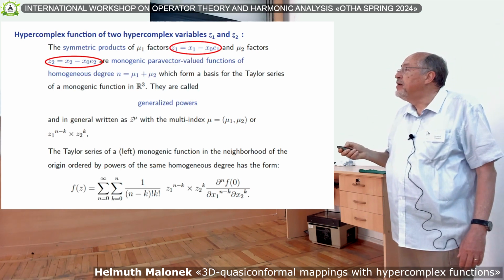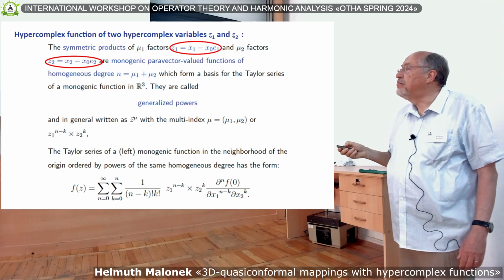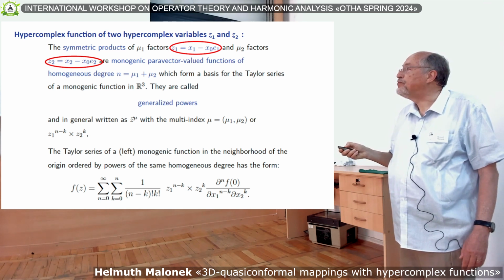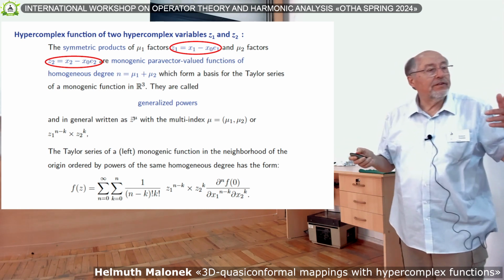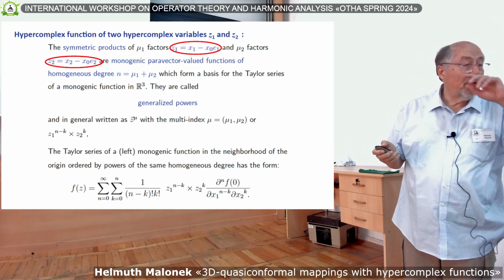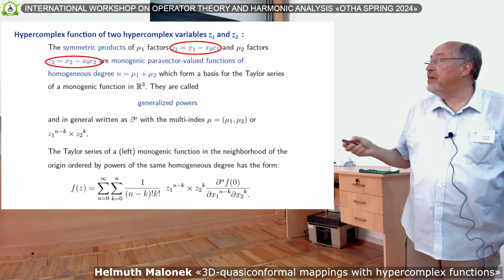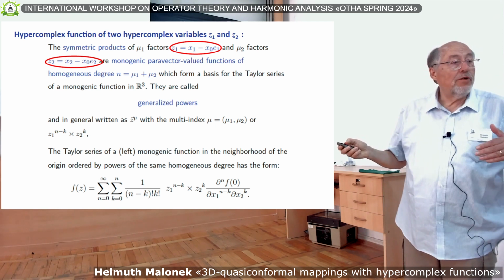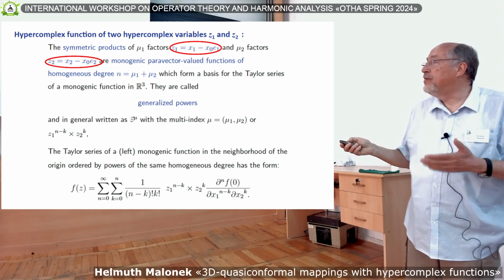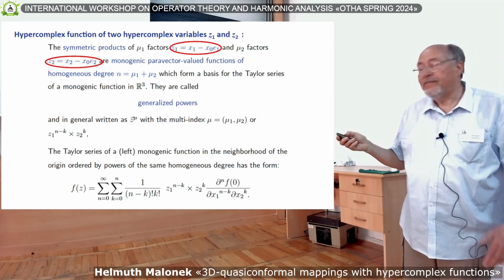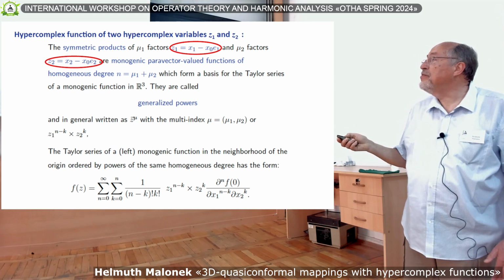And here we see the Taylor series of such a function written with these variables. And because you have that these variables are connected through the symmetric product with the paravector variable, you can also write this in terms of the paravector variable. But now it's almost clear that the defining structure comes from these variables.